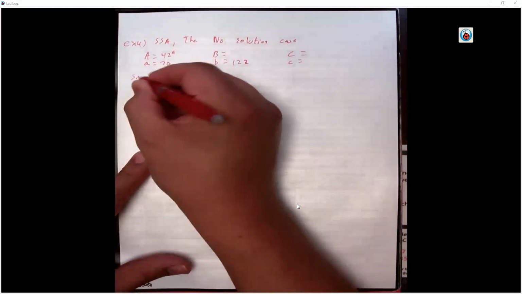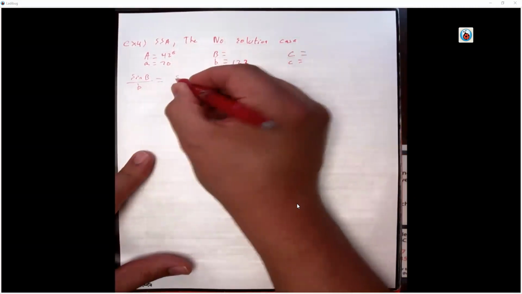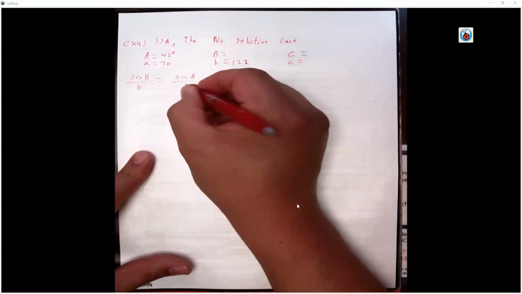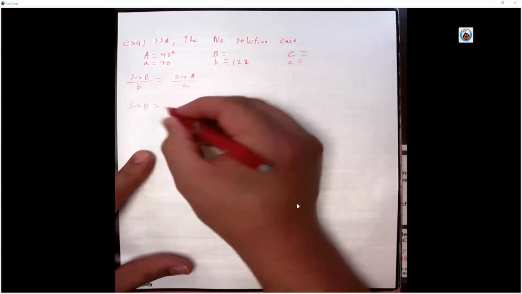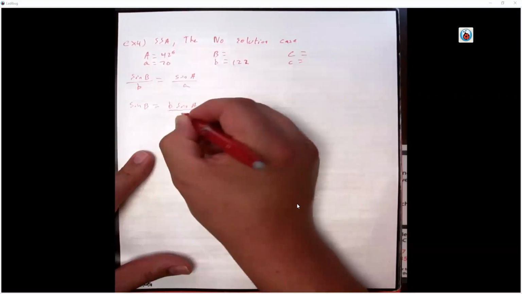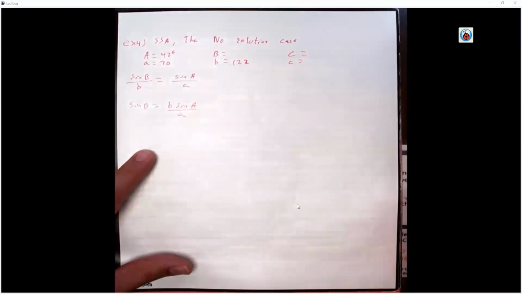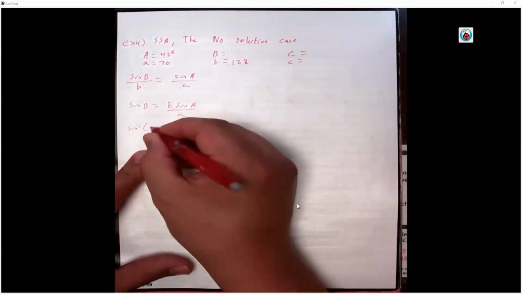So we want to find B. Start with sine capital B over b, set it equal to the stuff that you have. So sine B is equal to b sine A over a. Take sine inverse of both sides. I need that capital B free.